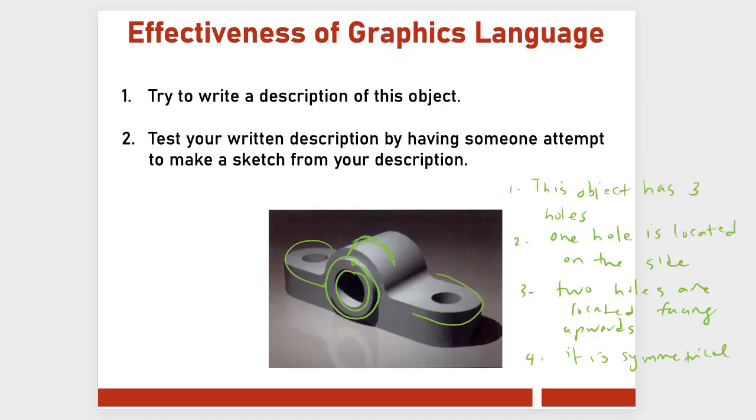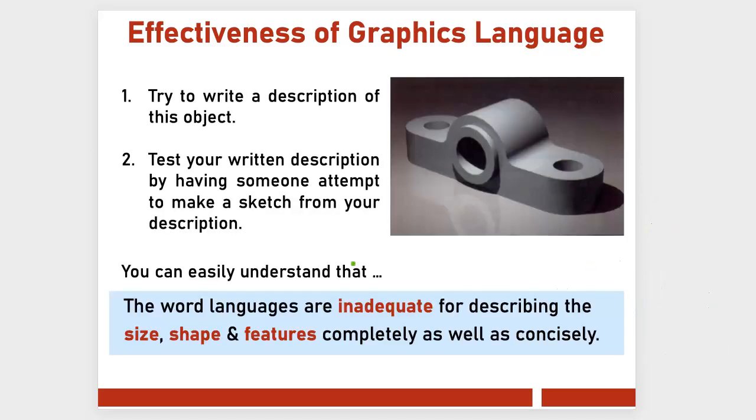So the language, yes, it helps to describe an object, but it doesn't help us to completely describe all the features. To some extent it can do it, but some features cannot be described well using word language. So you can easily understand that word language is inadequate for describing size, shape, and features completely as well as concisely.